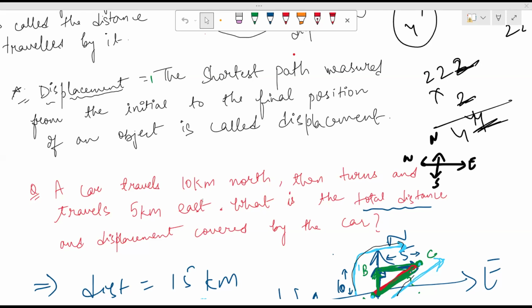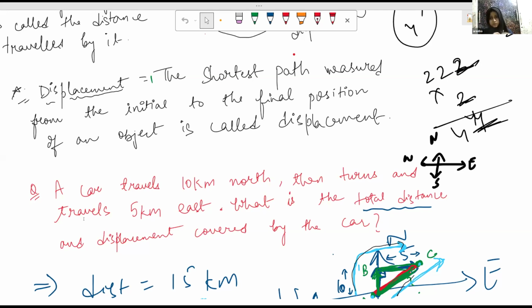Done. Can you read the question? And can you try to explain what exactly they're talking about? A car travels 10 kilometers north, then turns and travels 5 kilometers east. What is the total distance and displacement covered by the car?